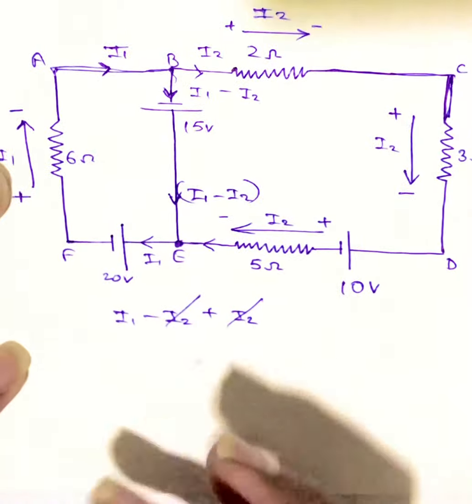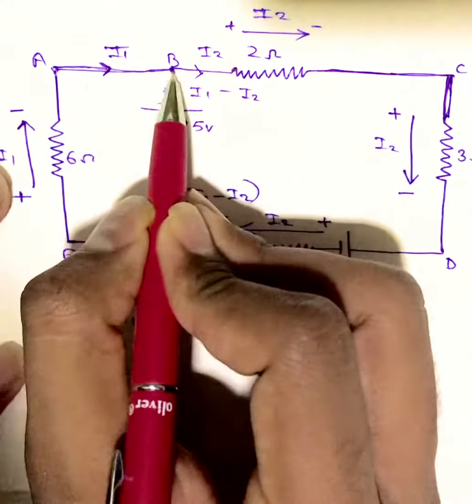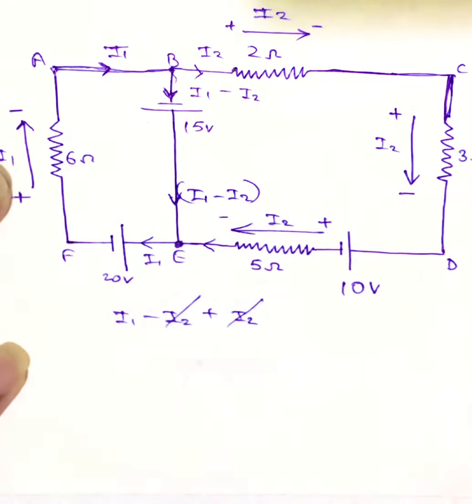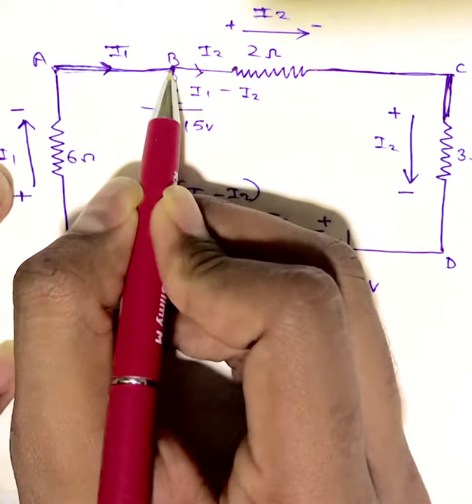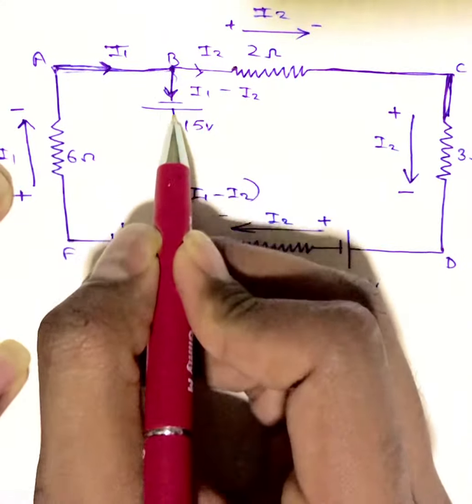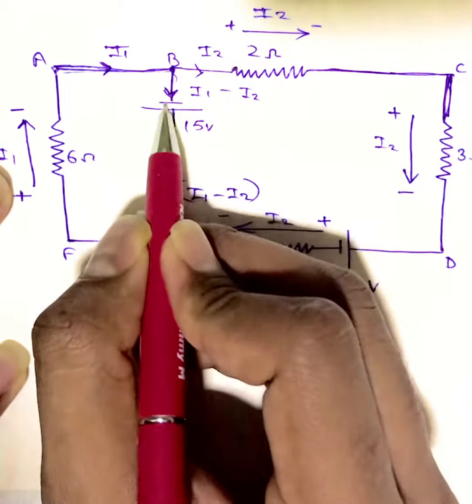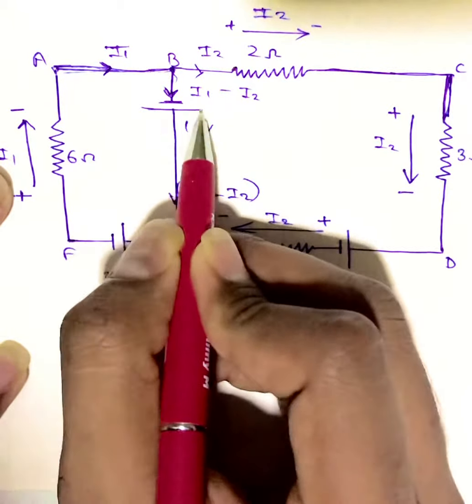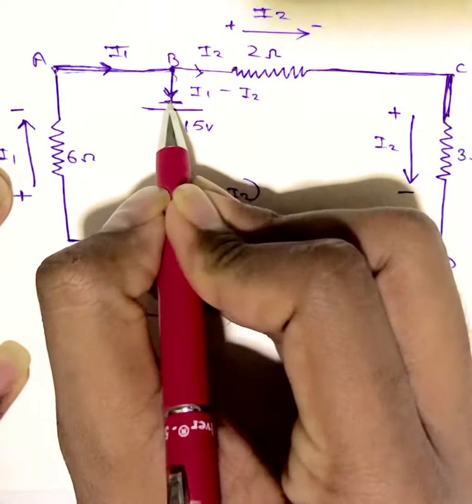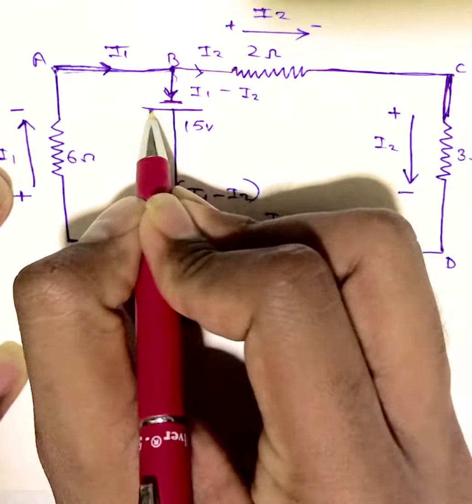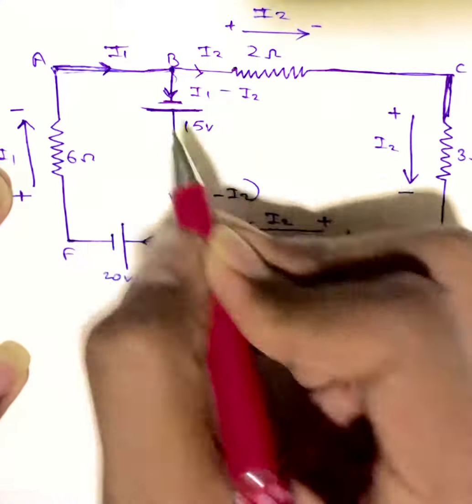When we move from A to B, is there any potential drop, guys? No, it is just a conductor, so there is no potential drop. When we move from B to E, there is one potential difference created, which is the 15 volts. We don't consider the first sign, which is negative, we consider the second sign, which is positive.